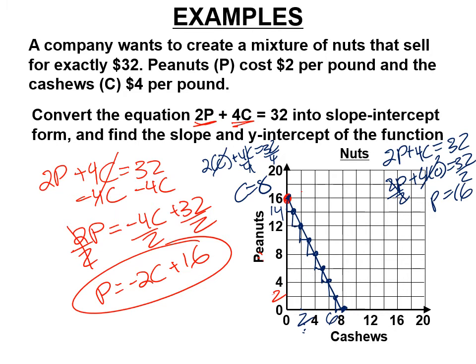But you can see why we normally do these. These are mixture problems, and we do them in standard form because this is a negative 2 rate. What does this mean? Well, you start with 16 peanuts, and for every cashew, you subtract 2 pounds of peanuts. That's sort of weird, but that's what it means.